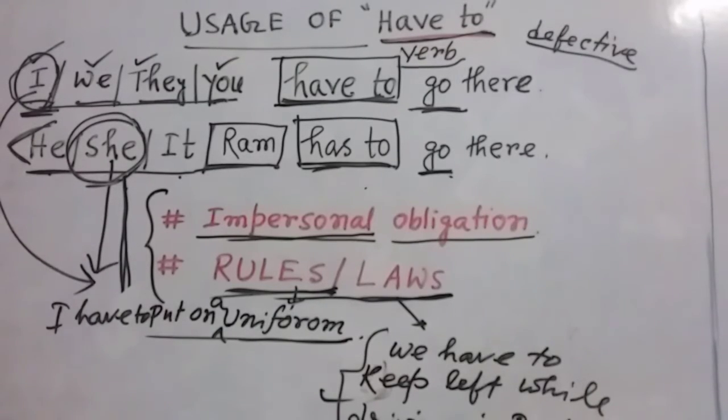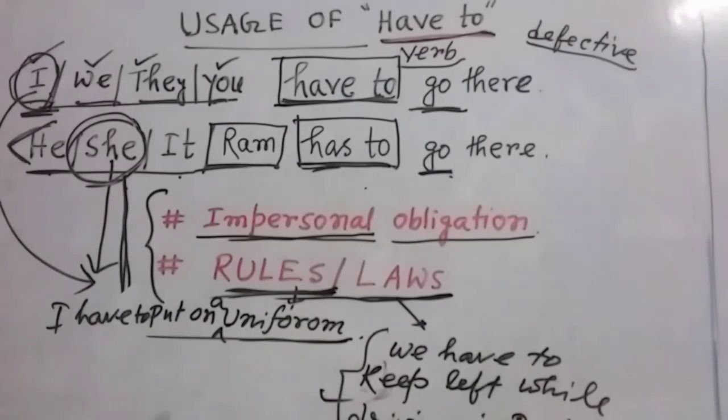Actually, my dear friends, in general, have to expresses impersonal obligation. This is the main thing. And the subject of have to is obliged or forced to act by a separate or external power. This is the main thing.